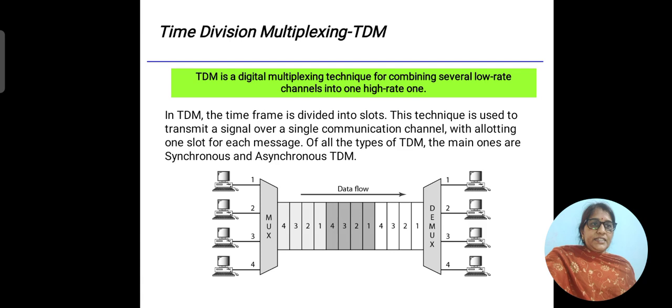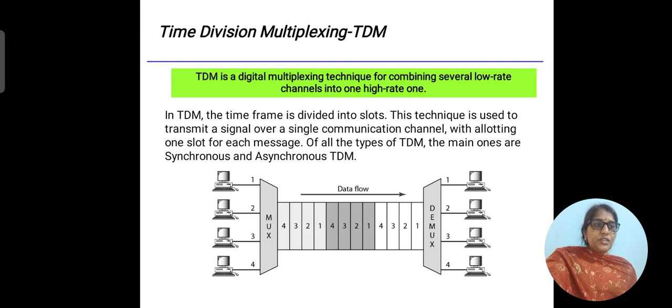In TDM, the time frame is divided into slots. This technique is used to transmit signals over a single communication channel by allotting one slot for each message.